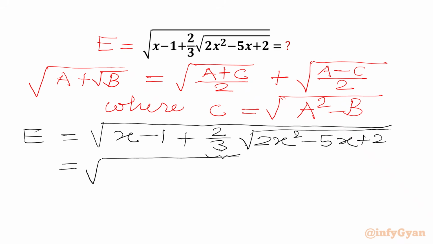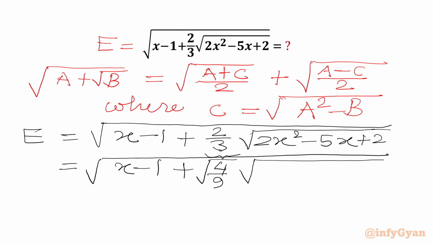So we can write square root of x minus 1 plus square root of 4 over 9 times square root of 2x square minus 5x plus 2.